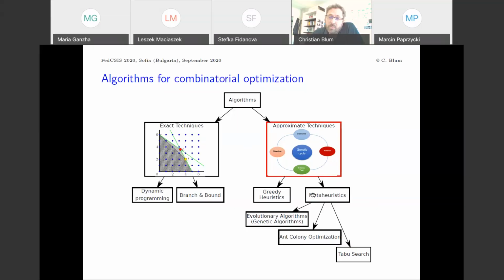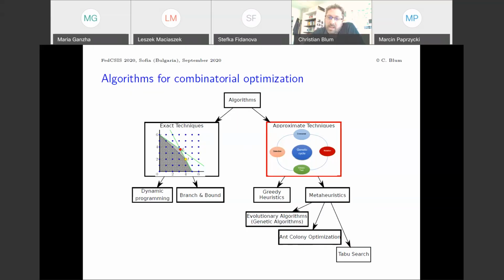Okay, so this is actually how I started in research when I did my PhD in 2004. I was starting with metaheuristics. In this class of algorithms, you have evolutionary algorithms, or some people say genetic algorithms. I think evolutionary algorithms is a more general term. You have algorithms like ant-colony optimization, so algorithms that are inspired by some natural phenomenon.